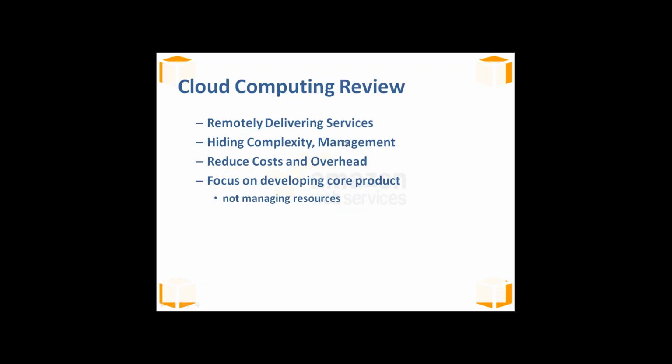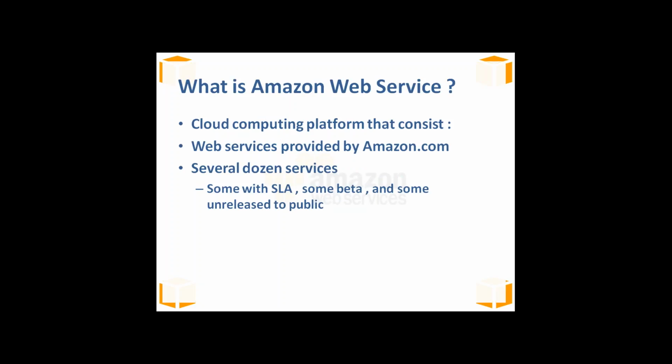Now, let us go ahead and look at what Amazon Web Services is all about. As we know, Amazon Web Services is a cloud computing platform which consists of web services provided by Amazon.com. There are several dozen services available in Amazon Web Services.